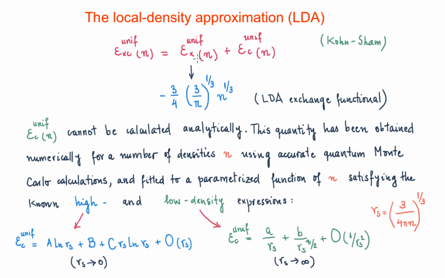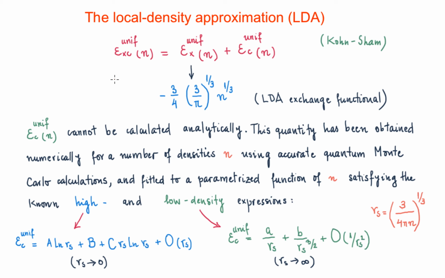Actually, if you go to the definition of the exchange energy, this is basically the average of the electron-electron potential energy when considering the Kohn-Sham wave function minus the Hartree energy.